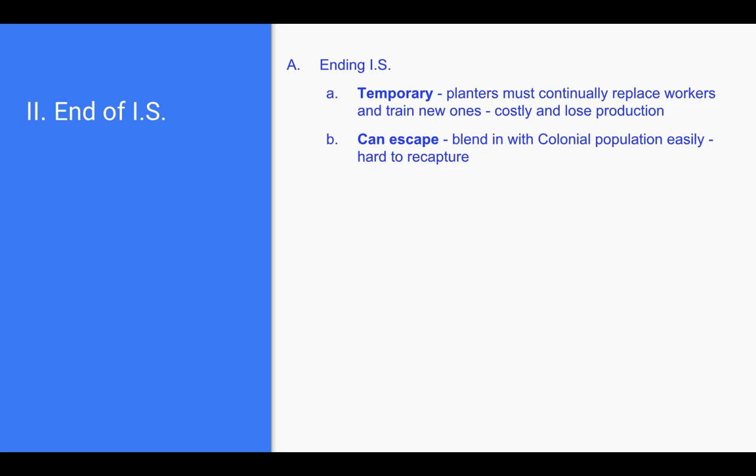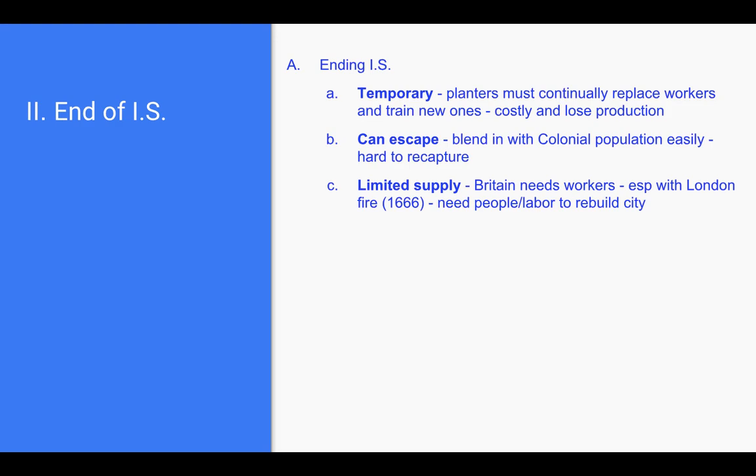Lowercase b, and second reason, they can easily escape. Those indentured servants were English citizens, and they could blend into the colonial population easily, and it was difficult to recapture them. C, there was a limited supply, especially by 1666. So Britain in 1666 has a huge fire.